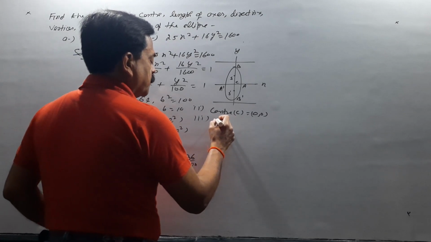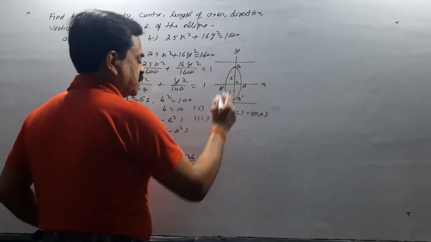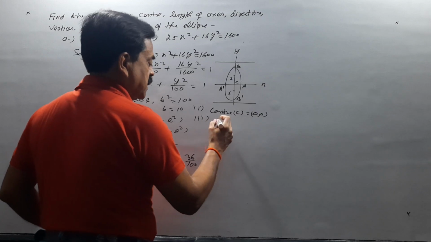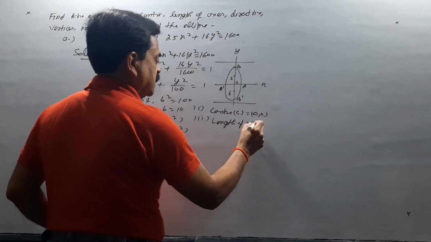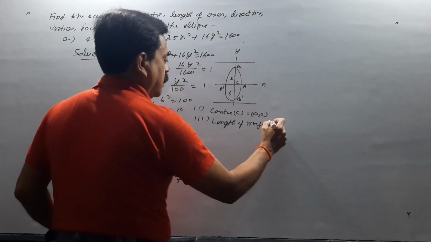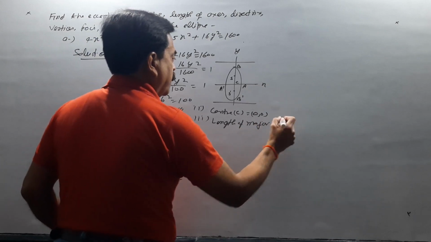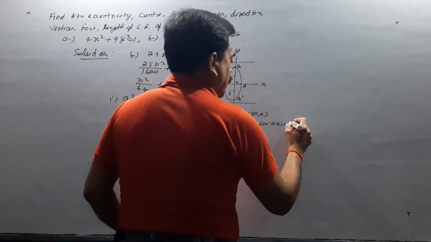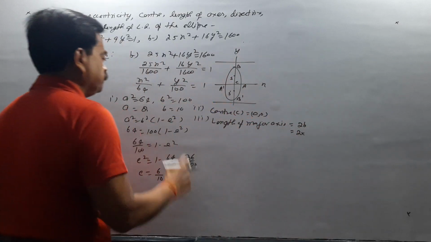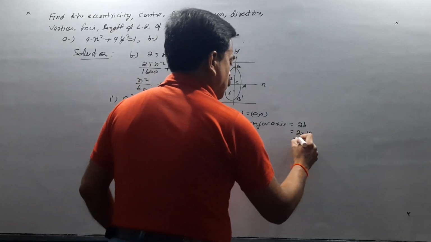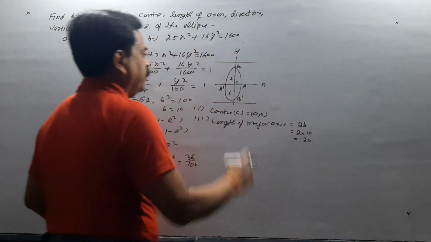Length of axis means length of the major axis and minor axis. So the length of major axis BB dash equals 2b, and b is 10, so 20 units is the length of the major axis.